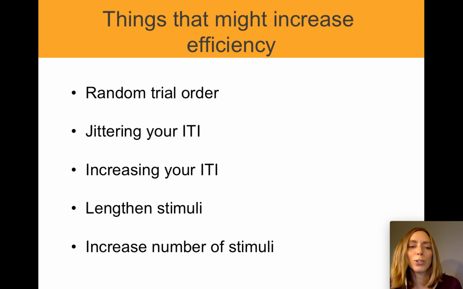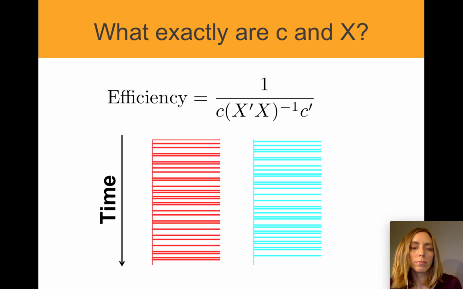I'll show you code for using a uniform distribution, or a truncated exponential is more commonly used. What if you increase your ITI, or lengthen your stimuli, or increase the number of stimuli? So all these things will boost your efficiency. Or they can. They won't always be guaranteed to.